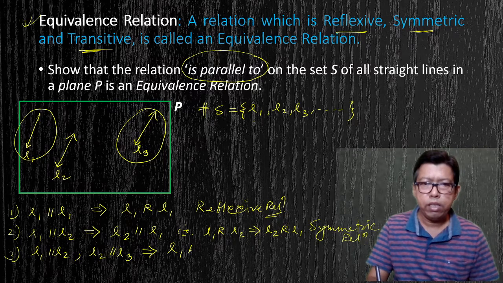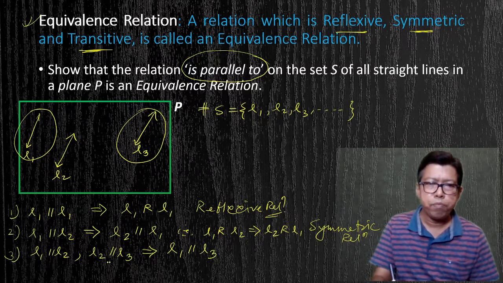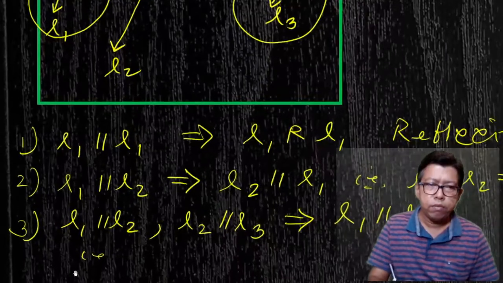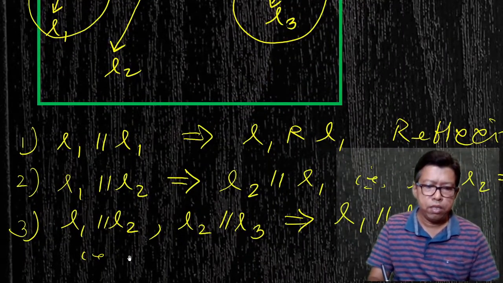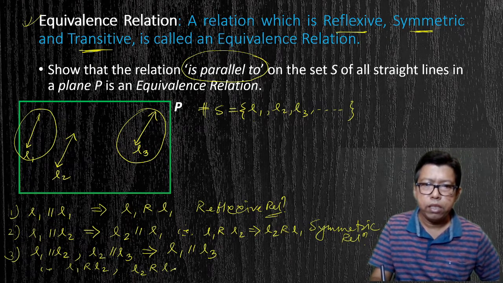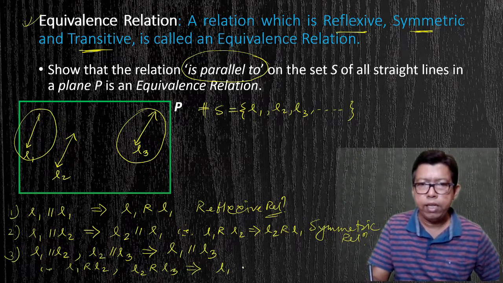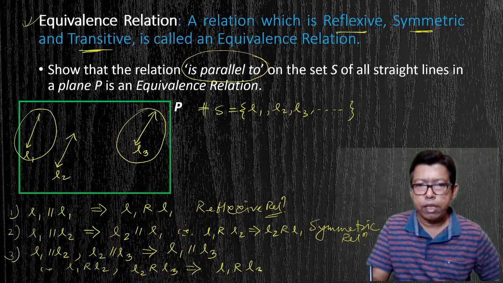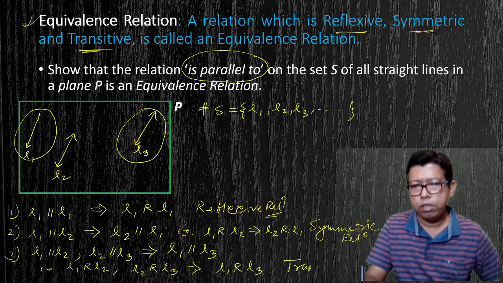Obviously these two lines L1 and L3 are also parallel. So in short, L1 is related with L2, L2 is related with L3, so it implies that L1 is related with L3. So this is a transitive relation.